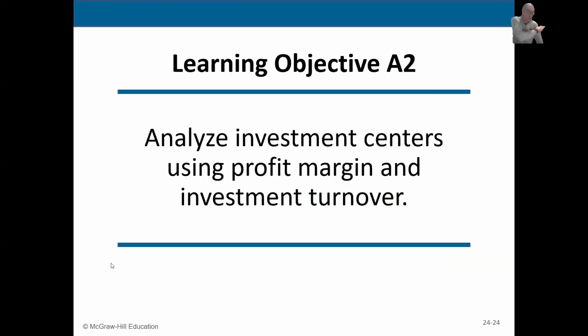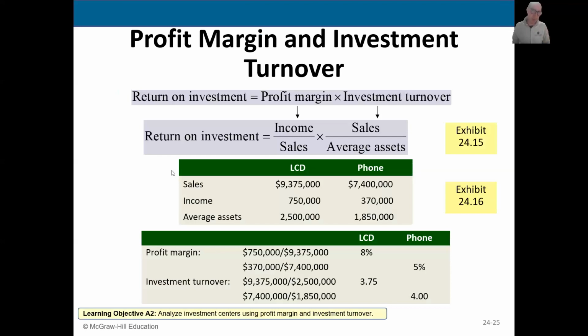Okay, now that we know residual income, we know return on assets. We then need to further analyze the performance of the company and the departments to understand how well they're using their investments. One such formula is called the return on investment.